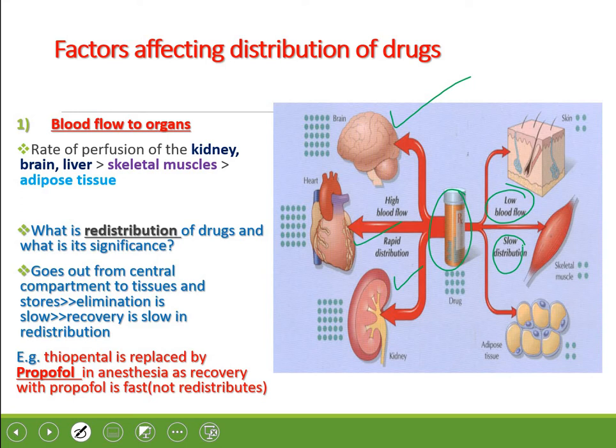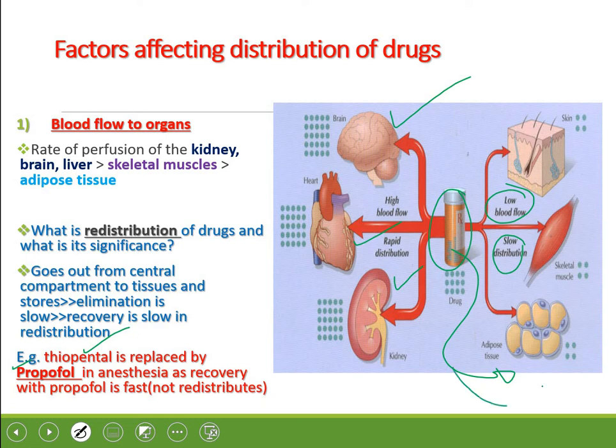Now, in certain cases, when the drug is much more lipid soluble, it goes from the blood and deposits in the tissues, the adipose tissue. For example, consider thiopental and propofol. Thiopental is used for the induction and maintenance of anesthesia, but its problem is that it is a highly lipophilic drug.